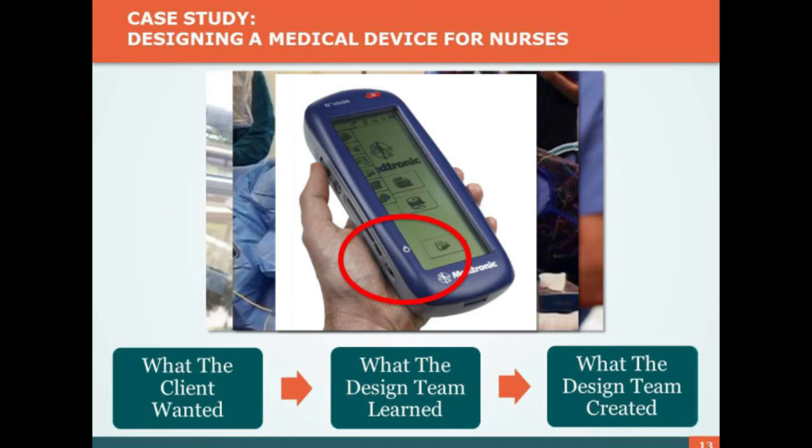The nurses wouldn't have used it because they can't use an iPad with one hand. So because they use citizen-centered design techniques, they were able to identify this issue early in the process as opposed to later in the process.